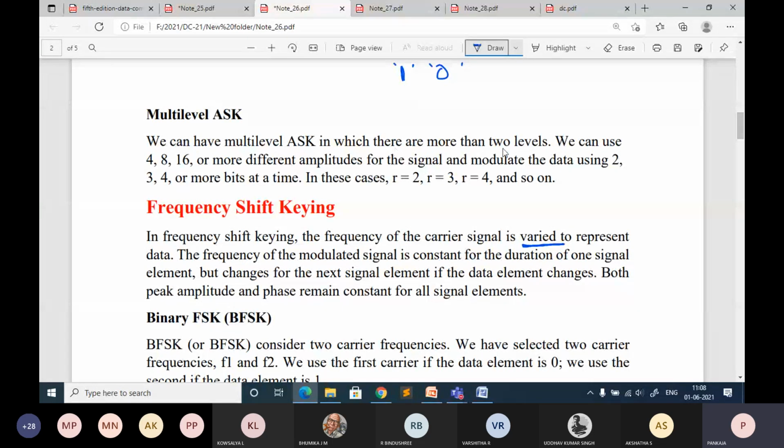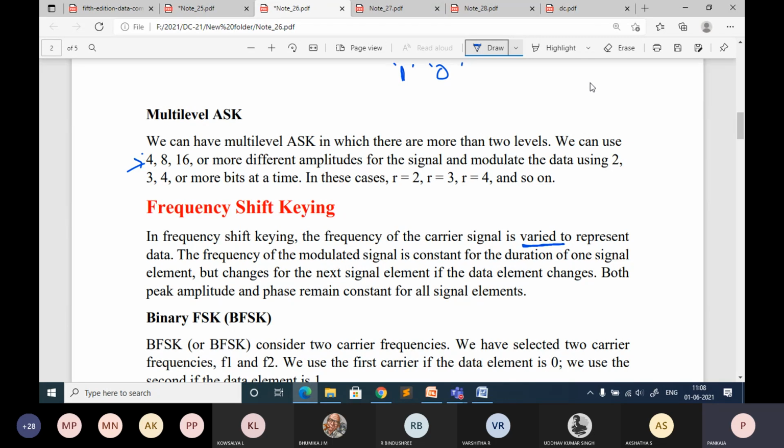In multi-level ASK we have more than 2 levels. We can use 4, 8, 16 and more different amplitudes for the signal elements, where each signal element carries a set of bits.